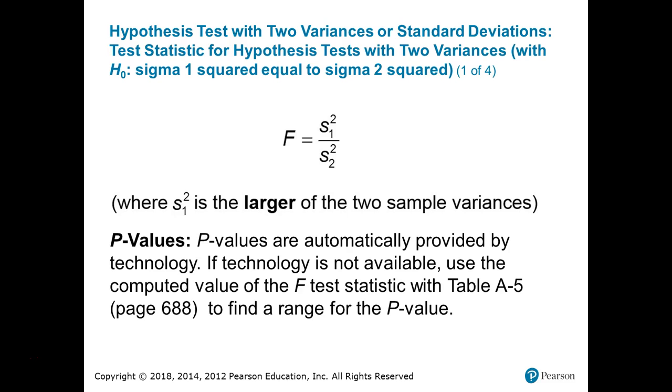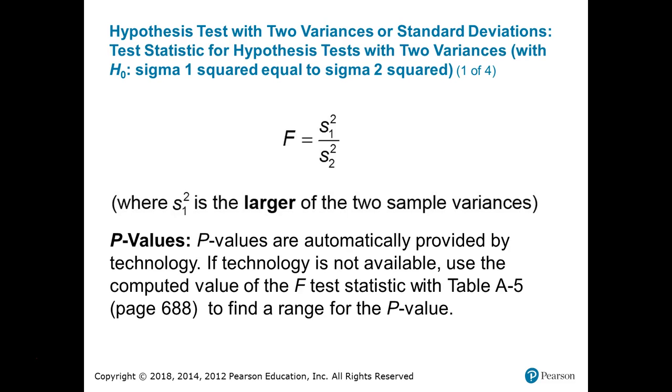And since S1 is going to be the larger of the two sample variances, F is always going to be a positive value greater than 0. Actually, you can say it's going to be greater than 1, because if the numerator is going to be greater than the denominator, then it won't be between 0 and 1. So let me scratch my last statement. It will always be greater than 1.